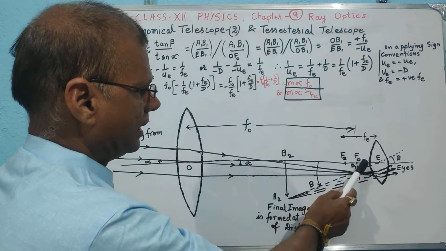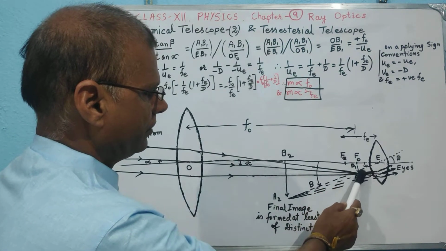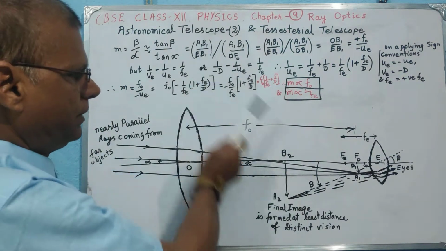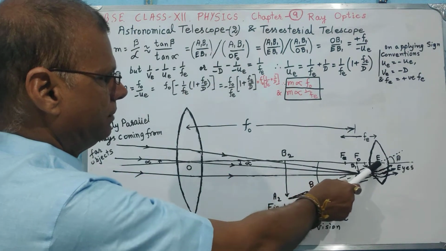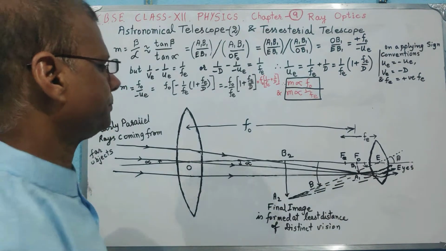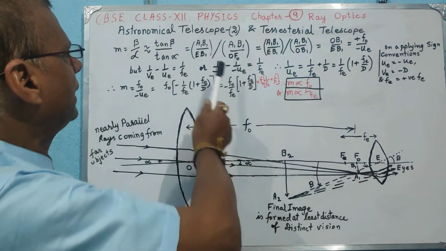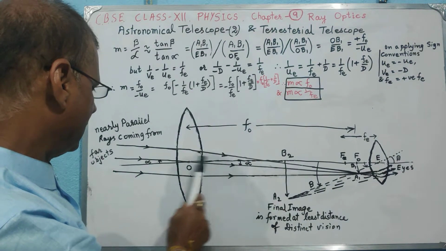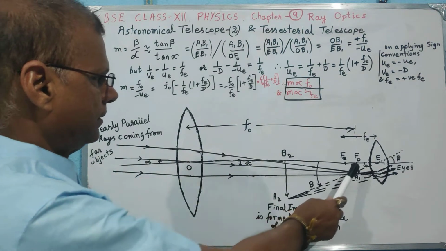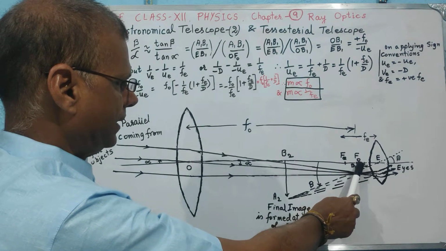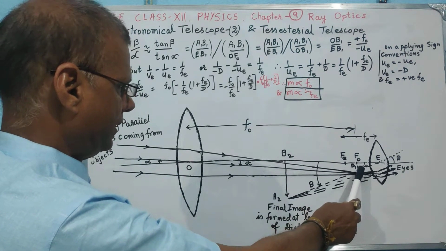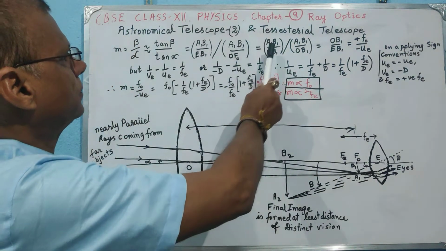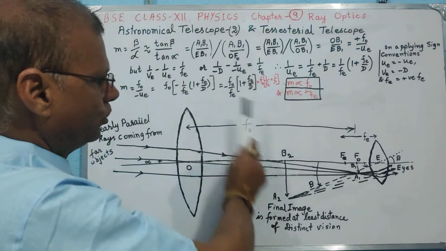Angle B1EA1 is beta. So tan beta is equal to A1B1 divided by EB1. And tan alpha is A1B1 divided by OB1.